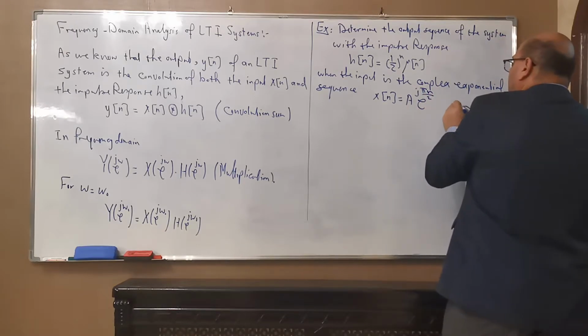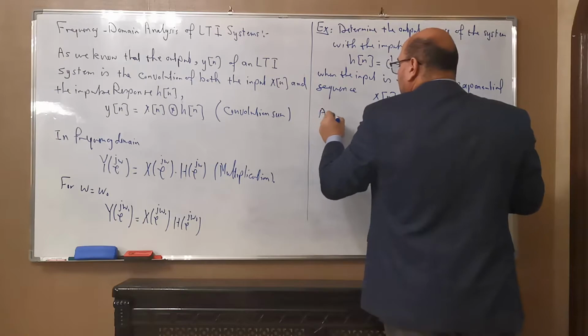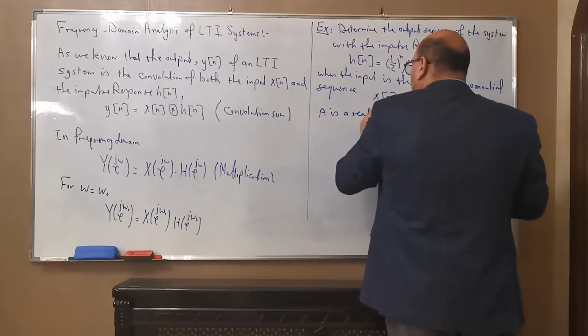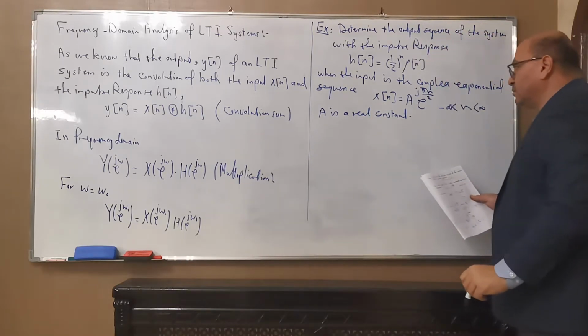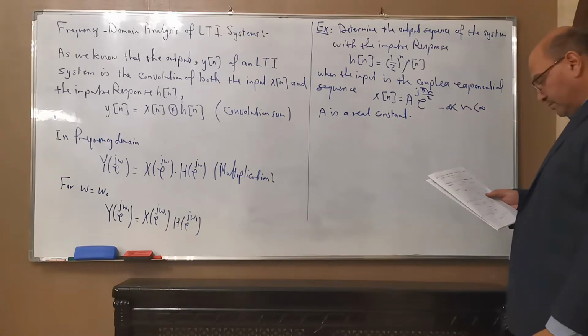This is for n from minus infinity to infinity, and A is a real constant.